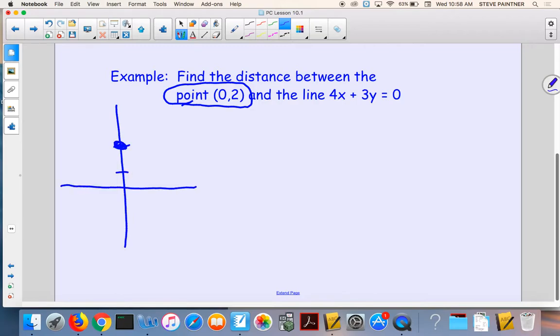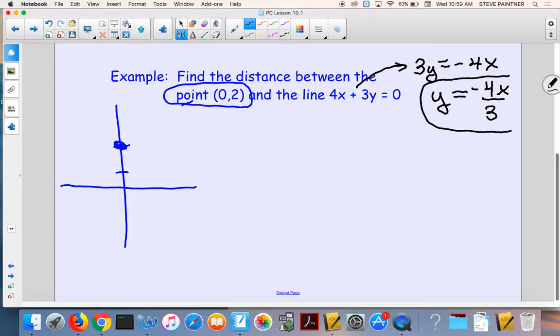There's your point. And the line 4x plus 3y, if I want to get a quick sketch of that, I can simply solve it for y. Divide by 3. And now it's in slope-intercept form.